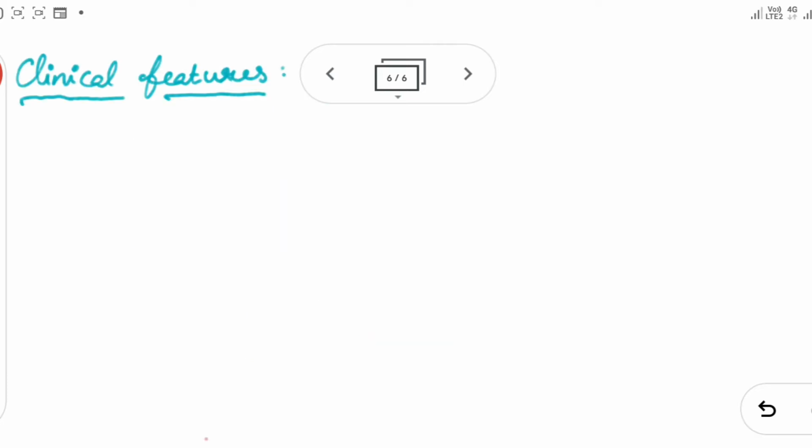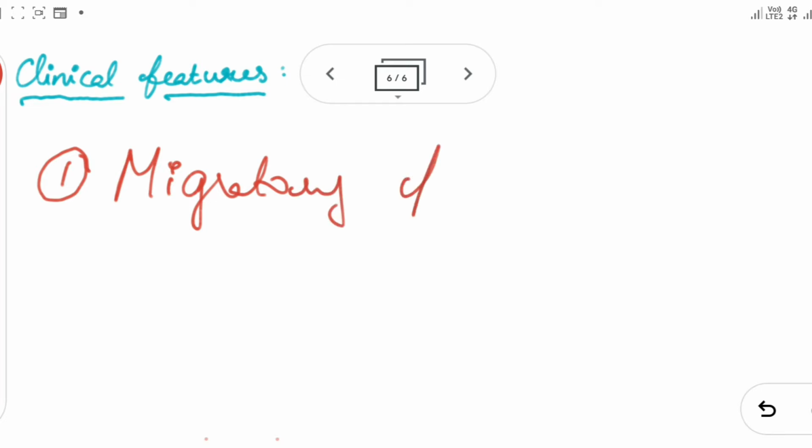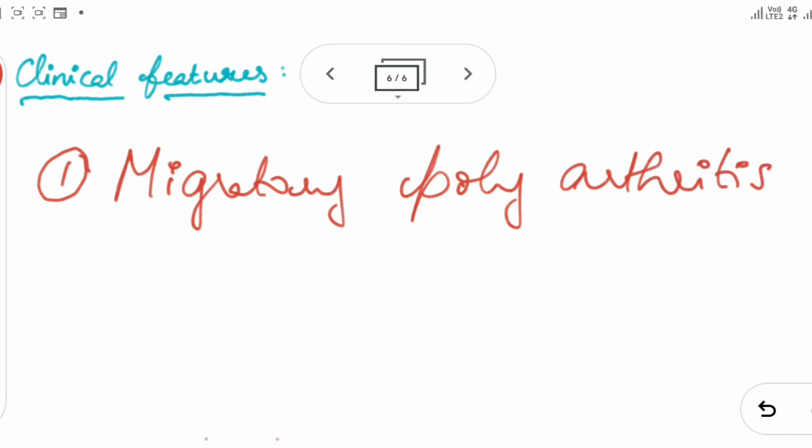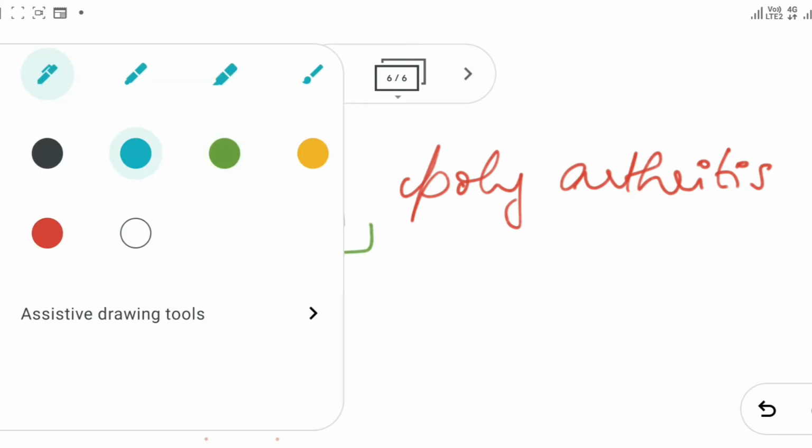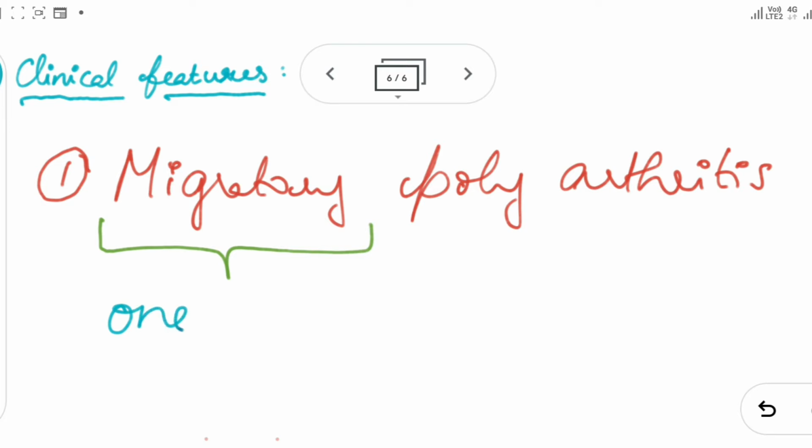Coming to the clinical features. The first clinical feature is migratory polyarthritis. Here, migratory means one after the other.